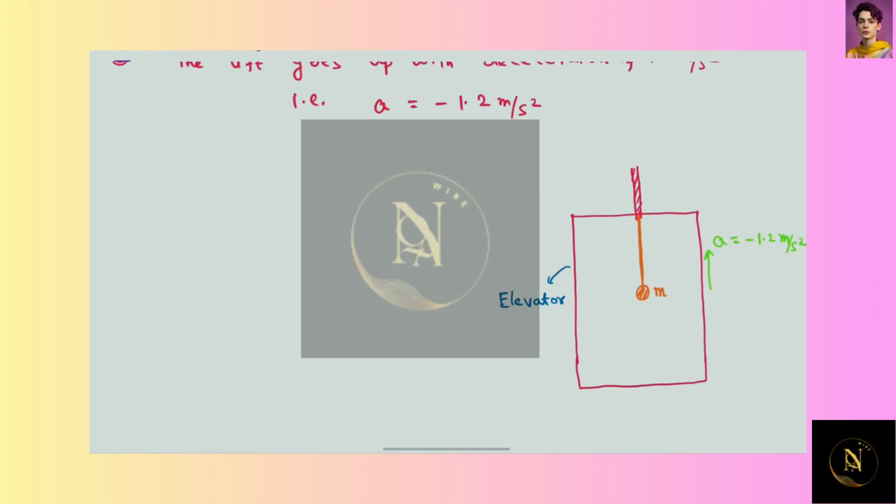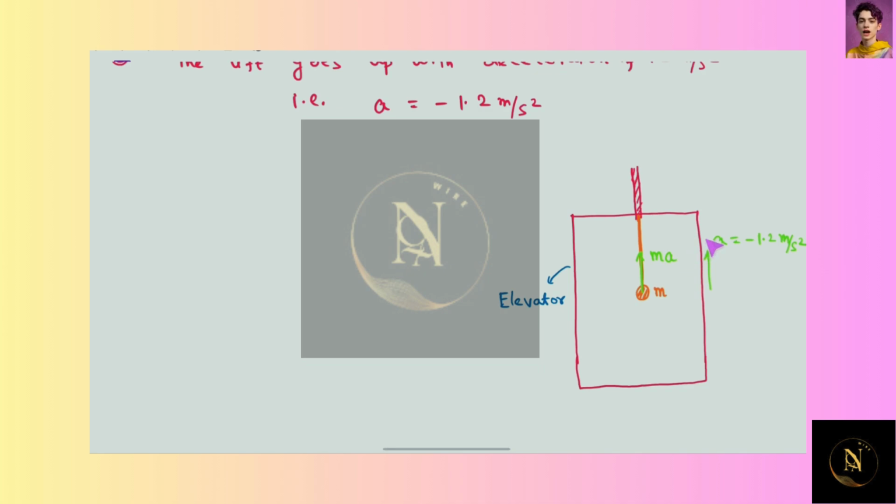So in this case, the pseudo force will be acting in the opposite direction of the acceleration of the lift, so the pseudo force on the block will be acting in the upward direction, that is m into a. Here we have to only take the magnitude of the acceleration, because this a is representing the acceleration of the lift.